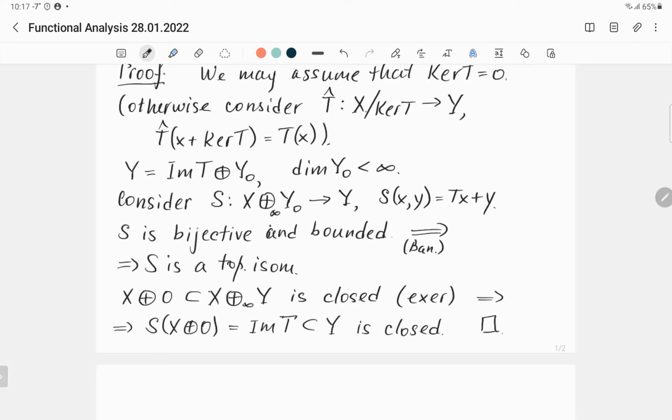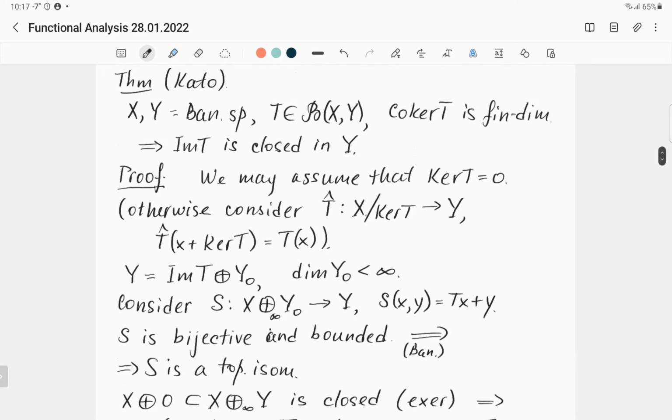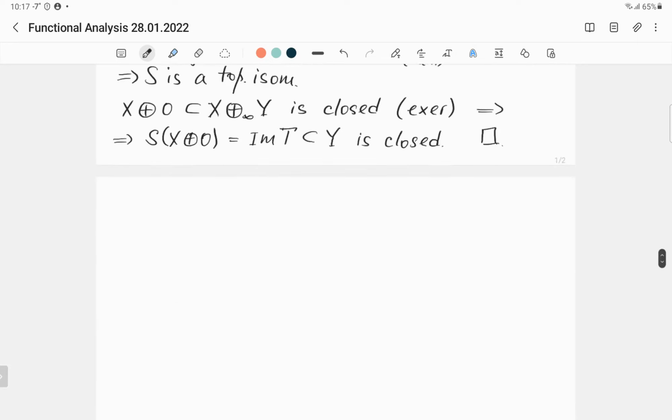So in particular, this result implies that the image of any bounded Fredholm operator between Banach spaces is closed. Okay, our next result about Fredholm operators gives us a useful duality between the Fredholm property of an operator and of the dual operator. So we have the following theorem.